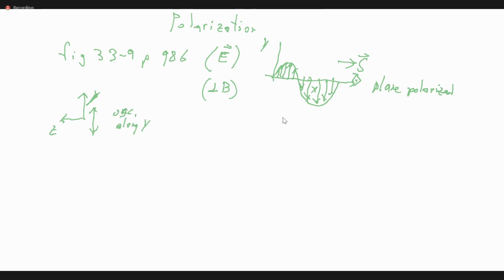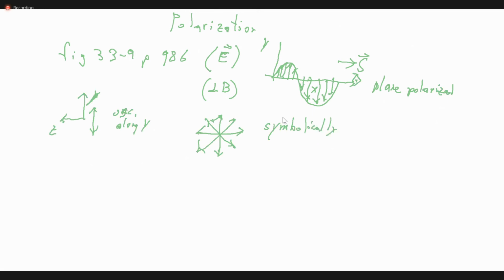So that's plane polarized. But in practice, for a non-coherent source like a light bulb, or for that matter, the sun, or a match, or a flame, normally you get all the planes of polarization represented. So your electric field, you're going to have all the things producing light. You're going to have this way polarization, that way, and so forth. Many possibilities. There's no reason for us to represent all of them.